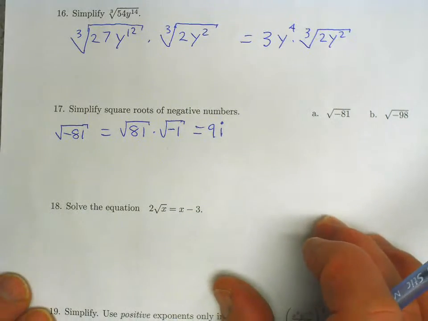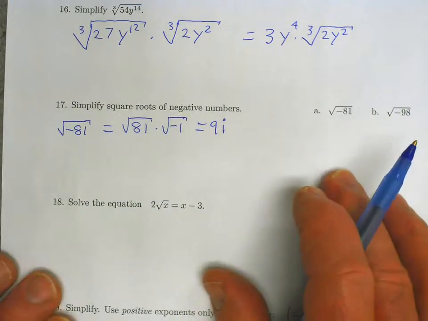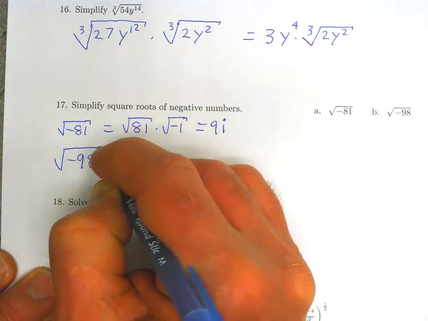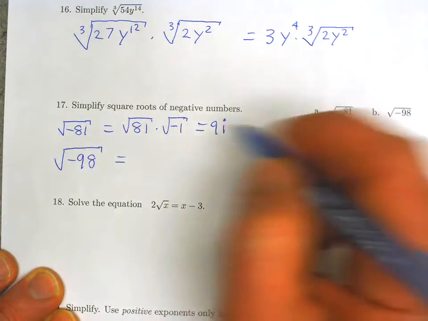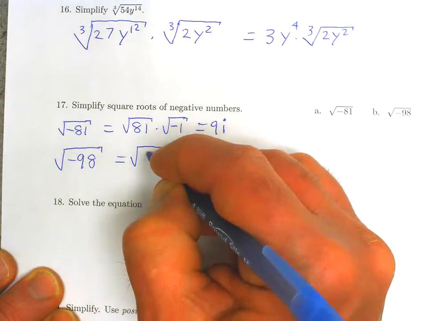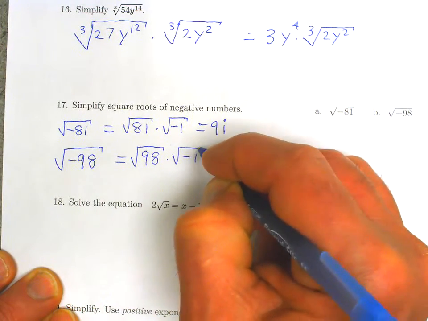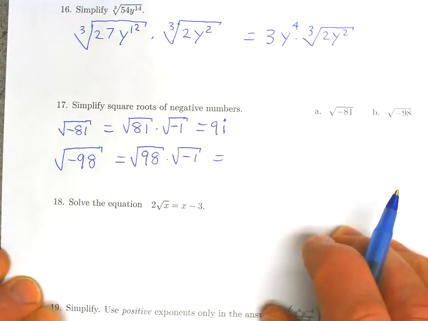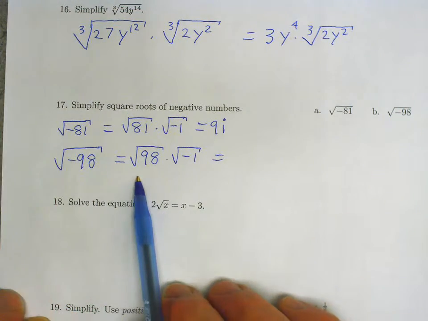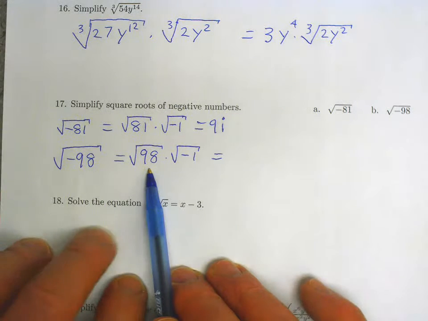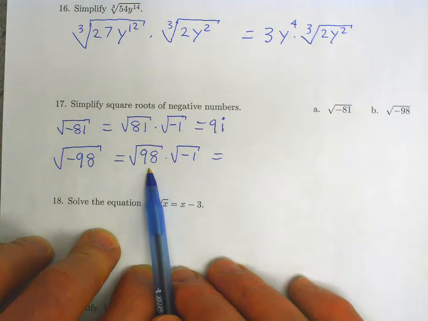In part B, the square root of negative 98. First, think of that as the square root of positive 98 times the square root of negative 1. We can simplify the square root of 98. The largest factor of 98 that's a perfect square is 49. 49 times 2 is 98.